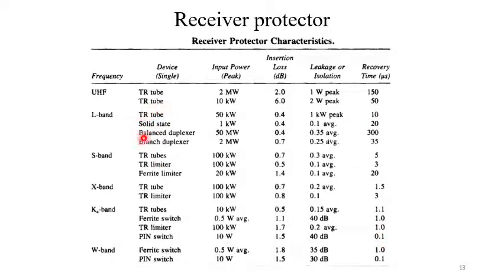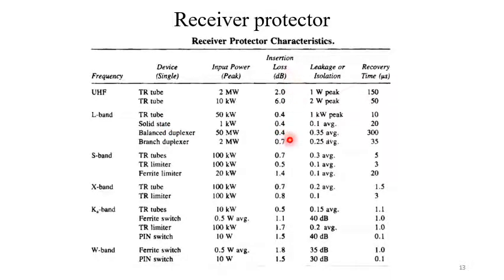Not only that, this chart will show you the relative performance of different kinds of receiver protectors. So we have the TR tube, we have the solid state receiver protector.